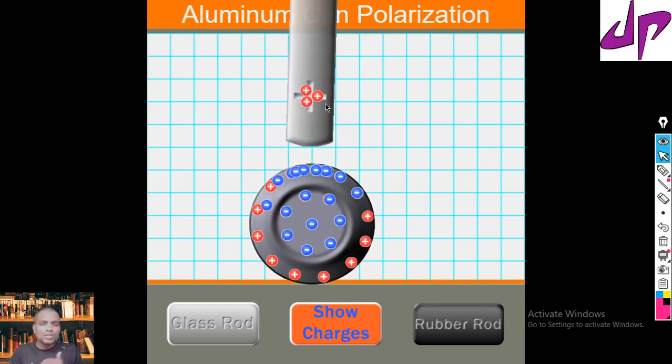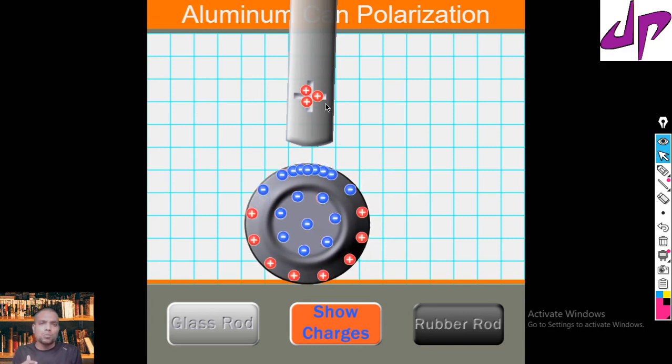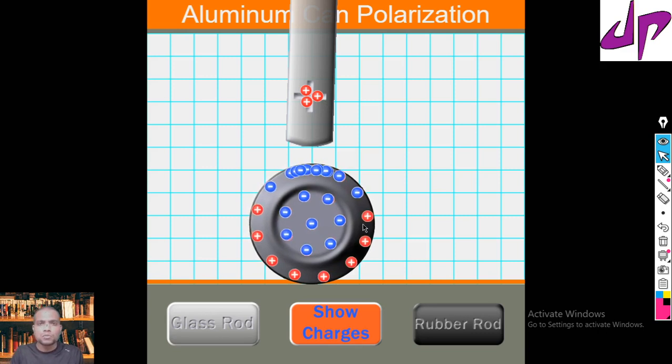How the charges are moving on the surface is due to polarization. So polarization affects the metal surface, the electrons will move within the metal surface.